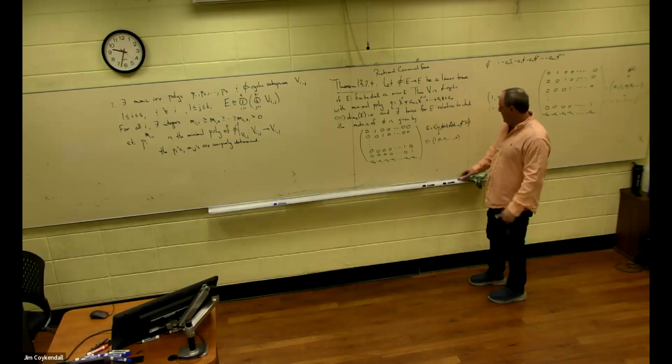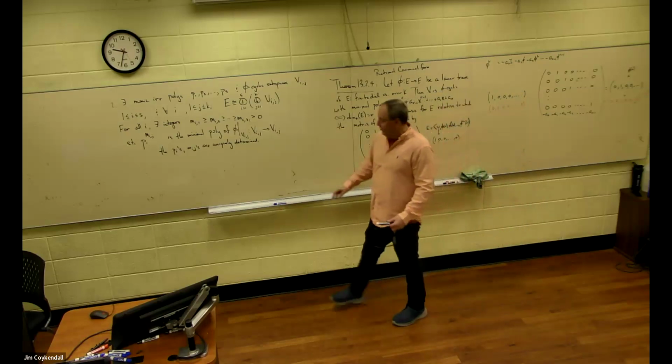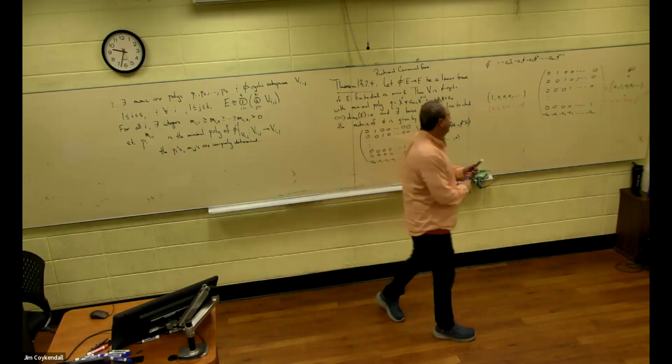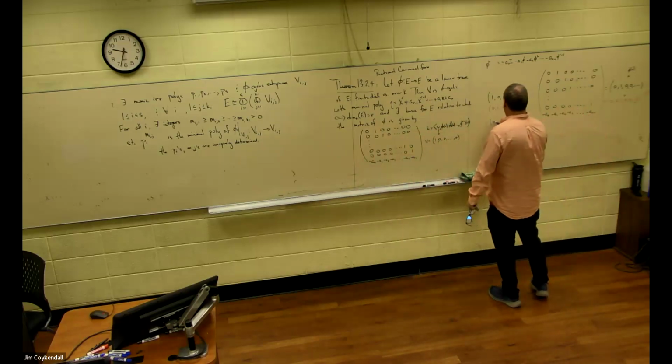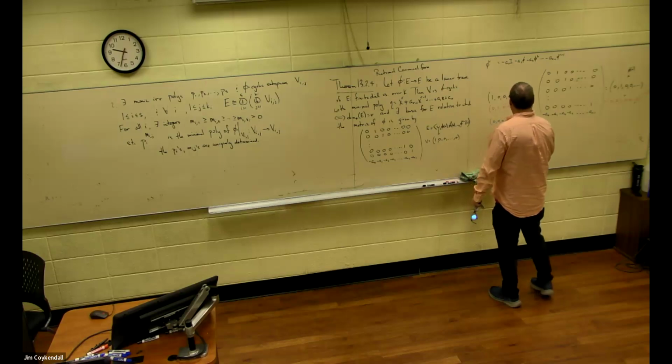Everybody agree with that? That's why this matrix works. And what happens to the last one? I guess that's a good question here. What happens when I have 0, 0, 0, 0, 1?